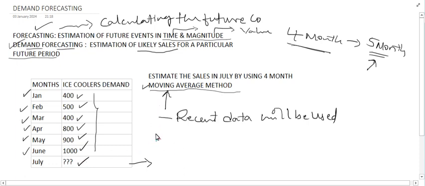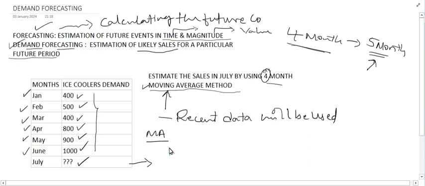For example, in this question he has asked to estimate the sales in July by using the 4-month moving average method.